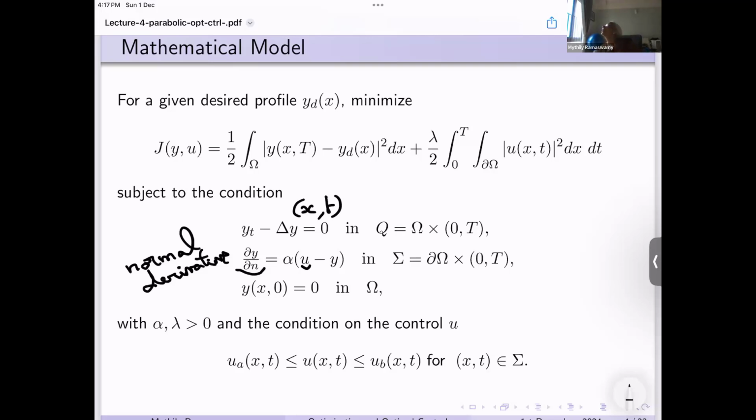So we will follow the same procedure like before. I would like to write J to be just a function of u, so I have to write y as a function of the control, if possible. I have to understand from which space to which space, and how to differentiate. There will be a solution operator S, and I have to calculate the adjoint of S. That will give me the adjoint of this equation.